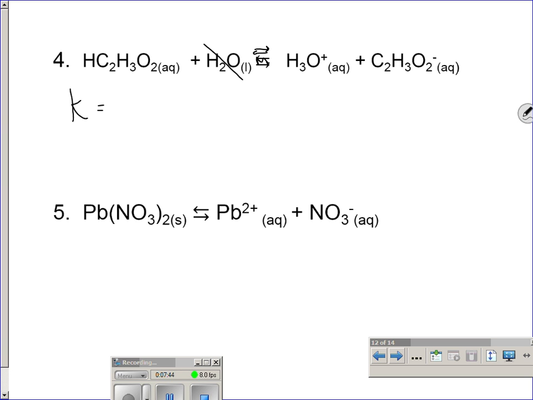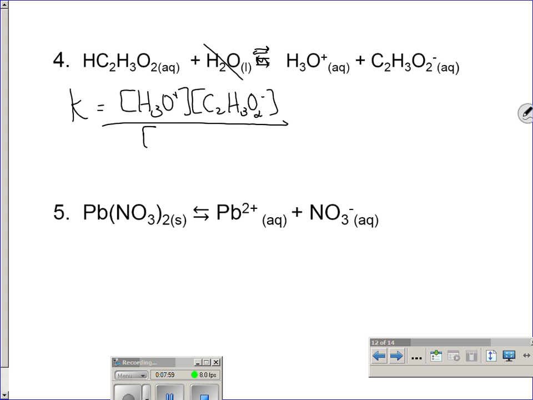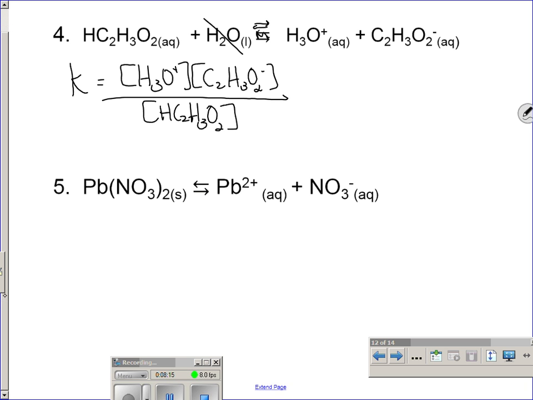The equilibrium constant expression is equal to products on top, concentration of hydronium times concentration of acetate, divided by reactants on bottom, concentration of acetic acid. And you learned in the last unit that if we have concentration of hydronium, then we can calculate pH. That's exciting stuff.